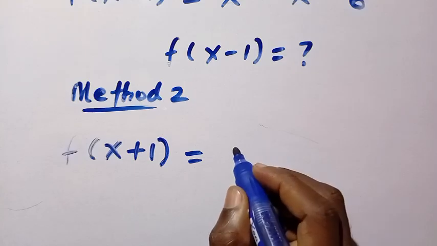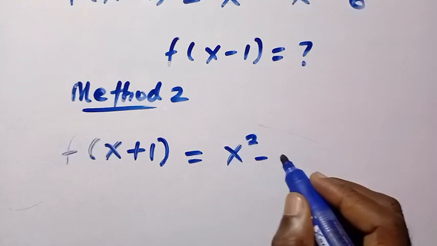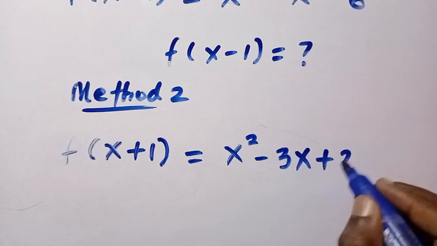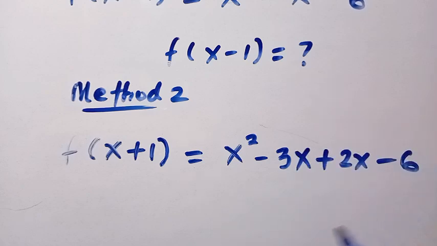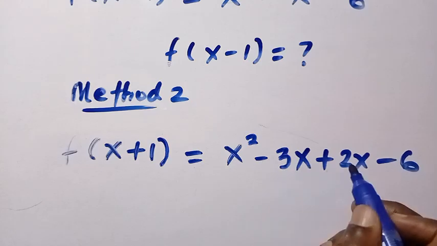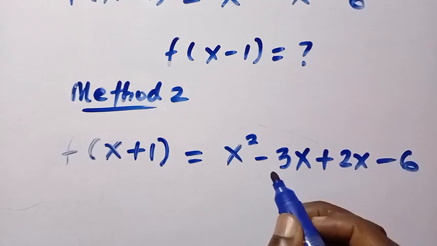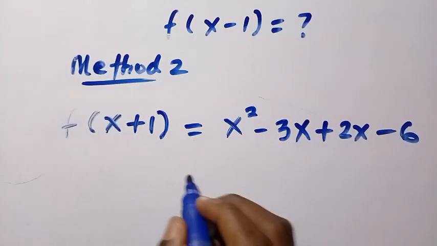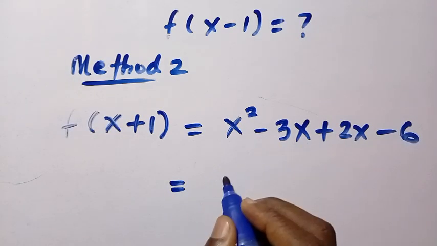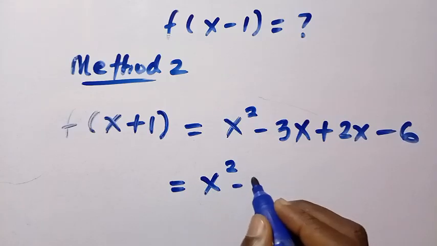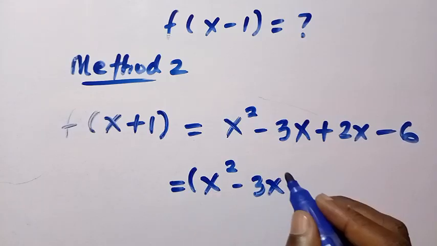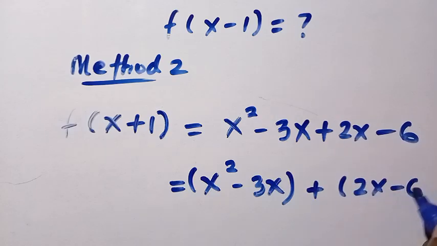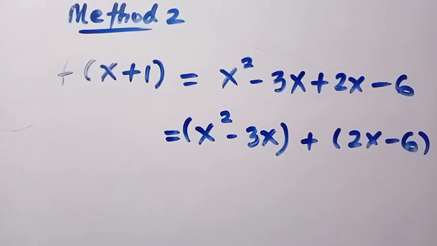To factorize, we write x squared minus 3x plus 2x, then minus 6. Minus 3x plus 2x gives us minus x, and minus 3 multiplied by 2 is minus 6. Then we group this into two: x squared minus 3x in parentheses, plus 2x minus 6 in parentheses.